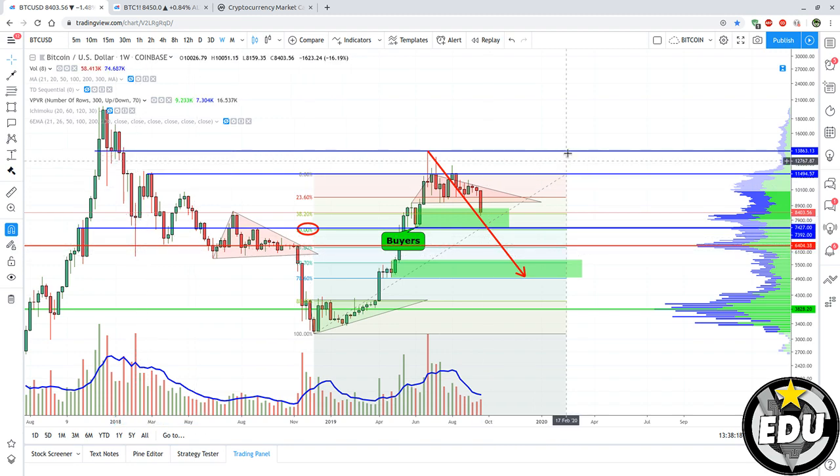So I will wait until I see something that is extremely bullish in the higher time frame. Could be a bullish engulfing. What else? A bounce on the 4-hour time frame doesn't really mean too much at this point, to be honest.